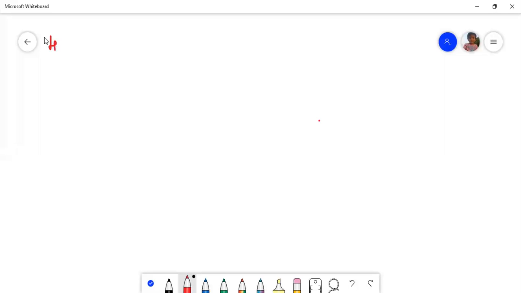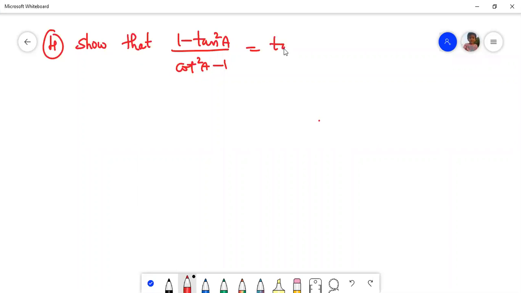Fourth one, show that (1 minus tan square A) by (cot square A minus 1) equals tan square A. Just have an idea about the identities.